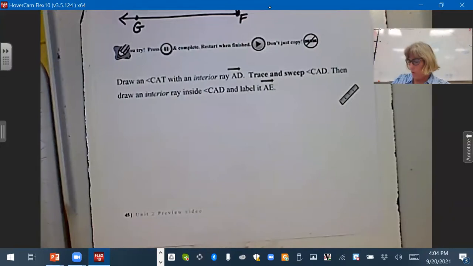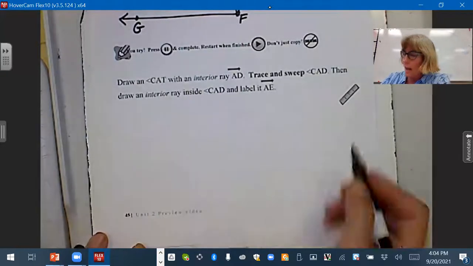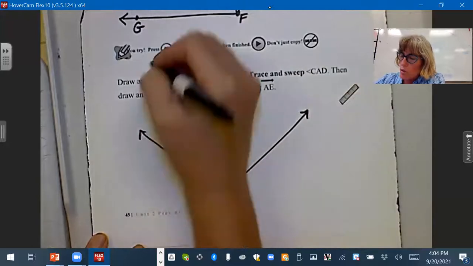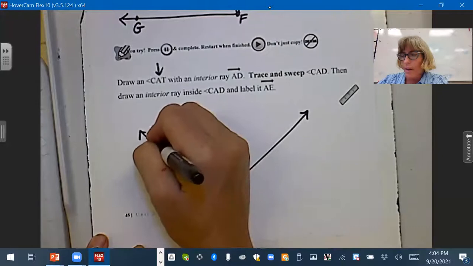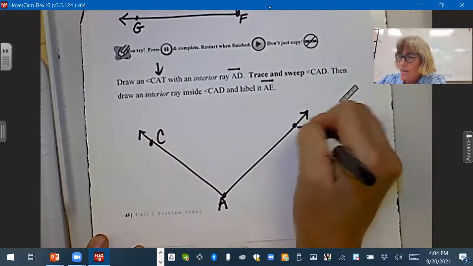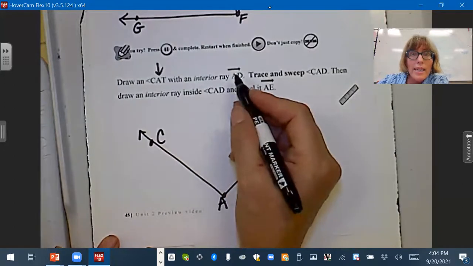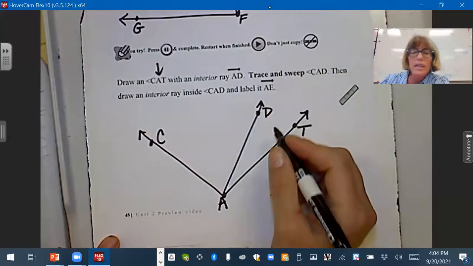Okay, get your red pen out. Let's check your work. We have CAT, an angle. It doesn't say whether it's acute or obtuse. What is important here is that A is your vertex. And then C and T, that could be switched. Interior ray, AD. So somewhere inside, AD.